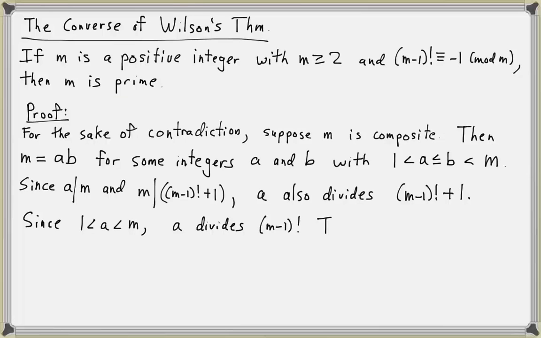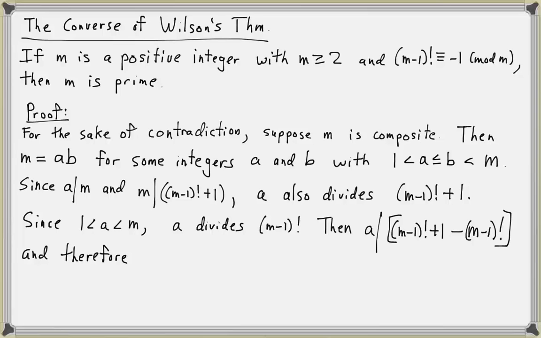Therefore, we can say that a divides m minus 1 factorial plus 1 minus m minus 1 factorial, which is a linear combination of these two expressions. But this just equals 1. Therefore, a divides 1. But this contradicts the fact that a is greater than 1.